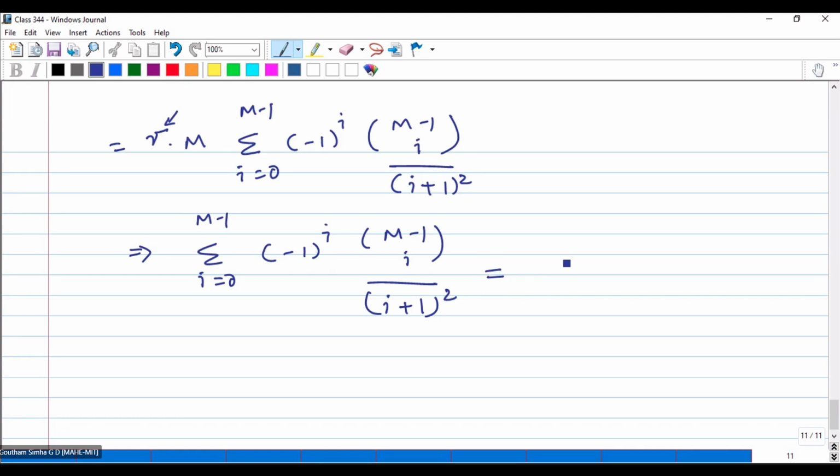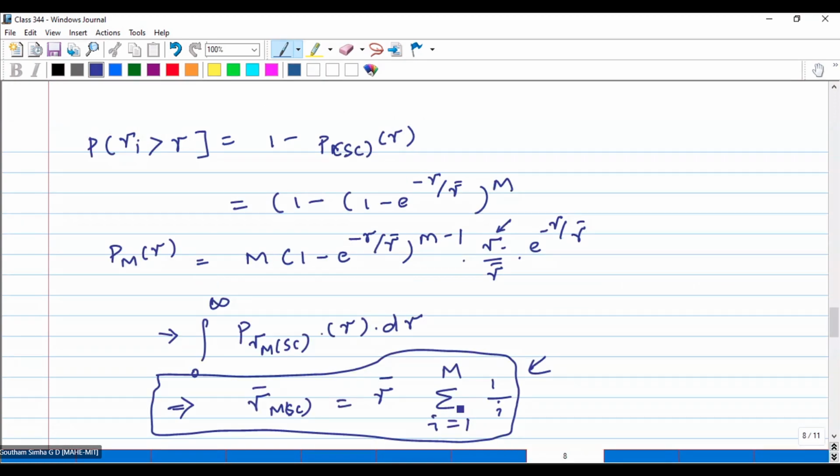This is equal to what? You substitute i equal to 1, 2, 3, and so on and so forth. It will boil down to i equal to 1 to m, 1 plus 1 by 2 plus 1 by 3, and so on. This is equal to summation i equal to 1 to m, 1 by i. This is what I have got, no?